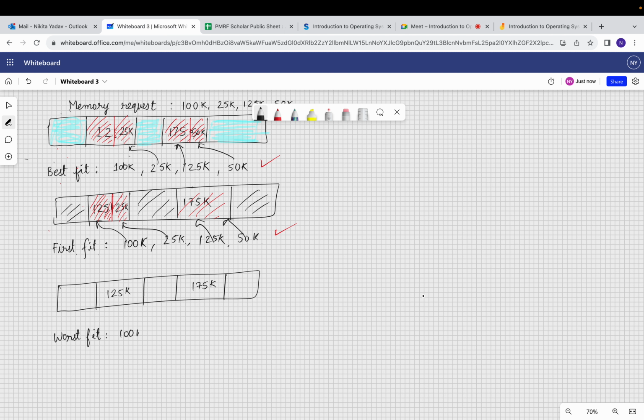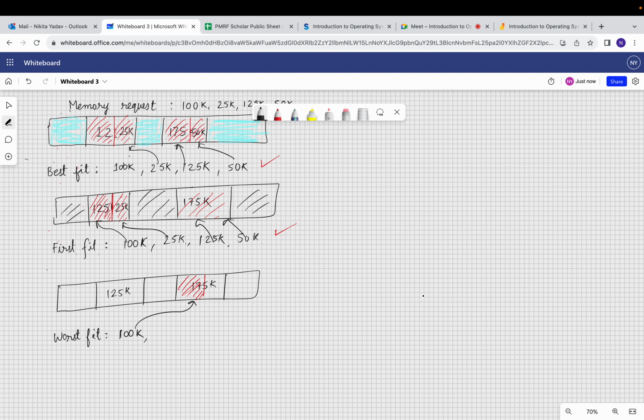It says that scan all of the memory blocks which are free and store this block in the free chunk which fits worst, which means whose size is the biggest. Store it in the biggest or largest available chunk. So you're going to store it in the largest available chunk here, meaning here 175.